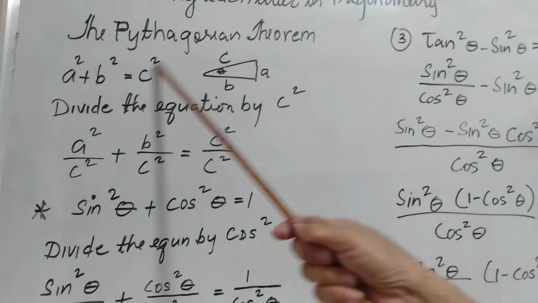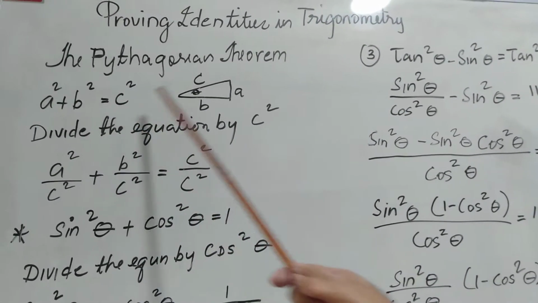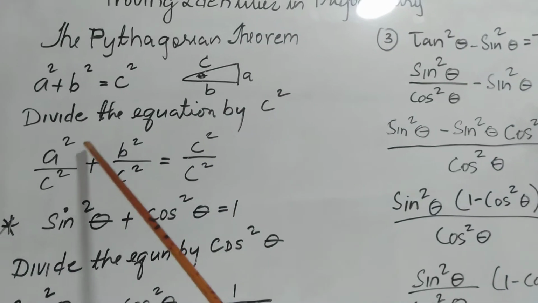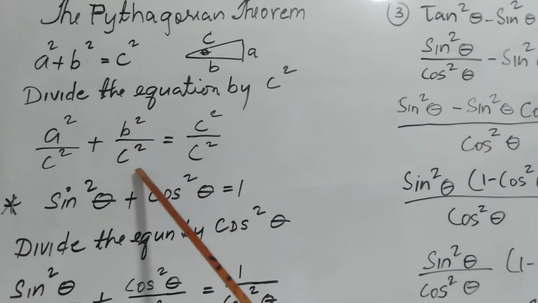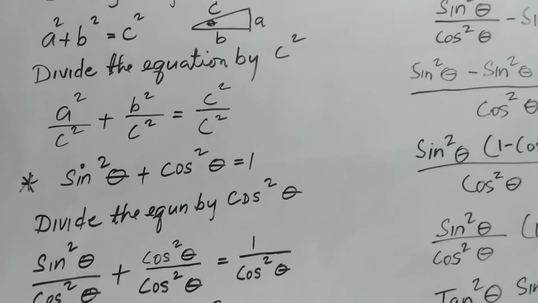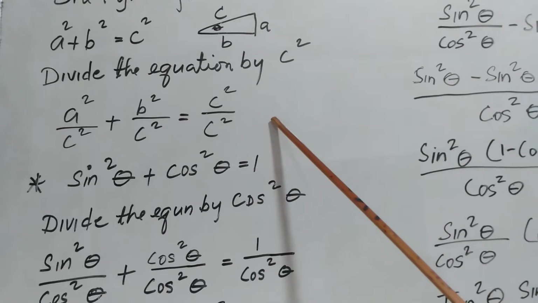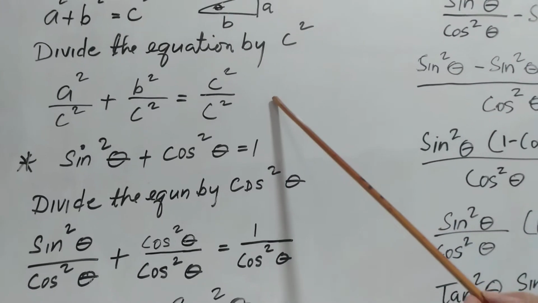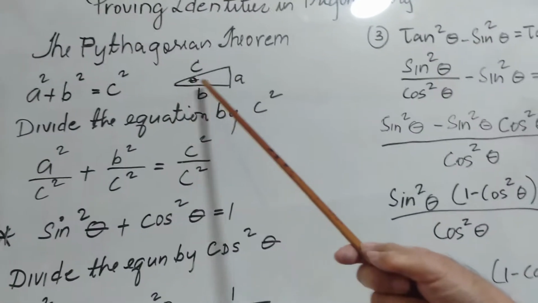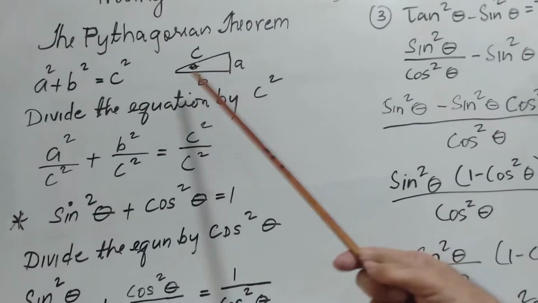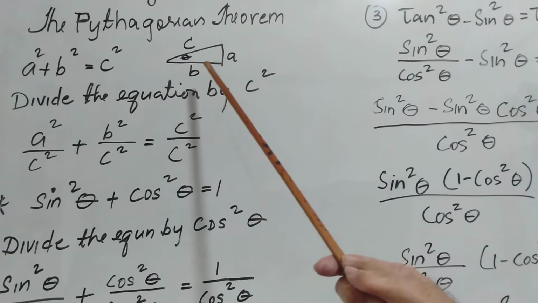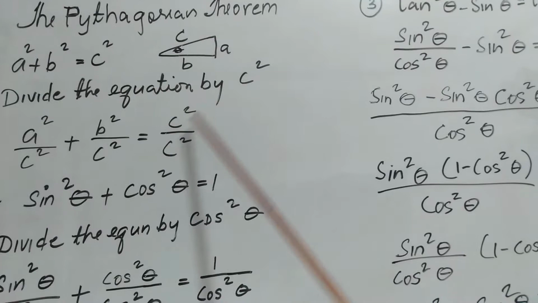If we divide the equation by c squared, we get a squared over c squared plus b squared over c squared is equal to c squared over c squared. But in the basic trigonometric identities that we have learned, for any right triangle with angle theta, a over c is equal to sine theta, and cosine theta is equal to b over c.